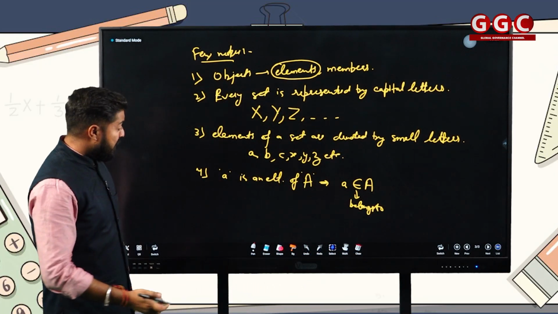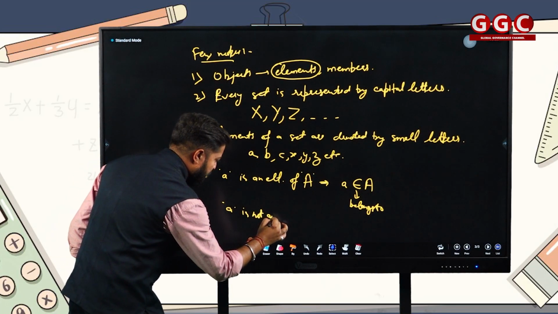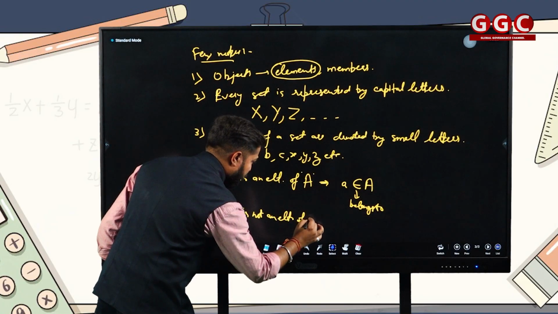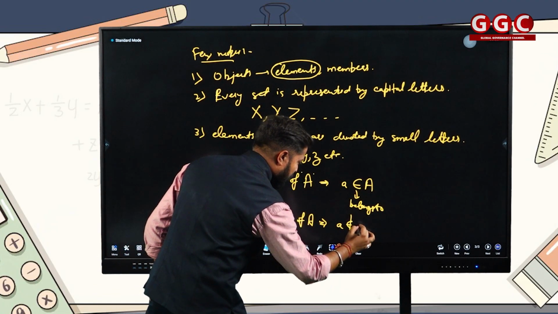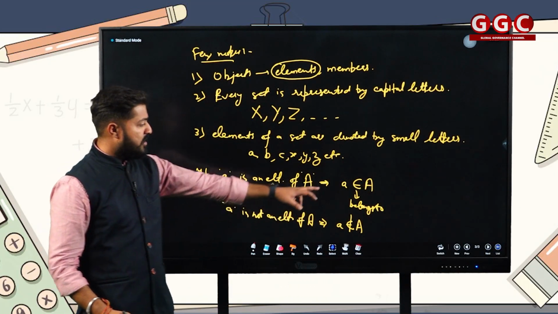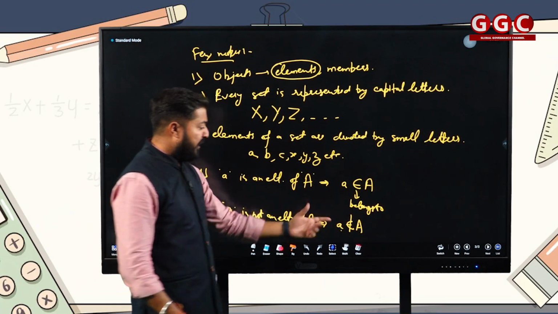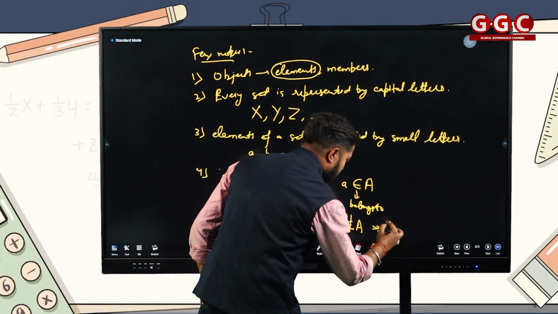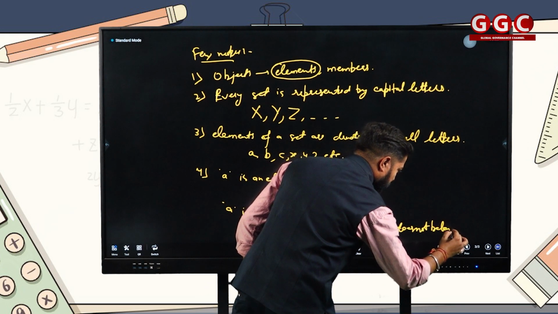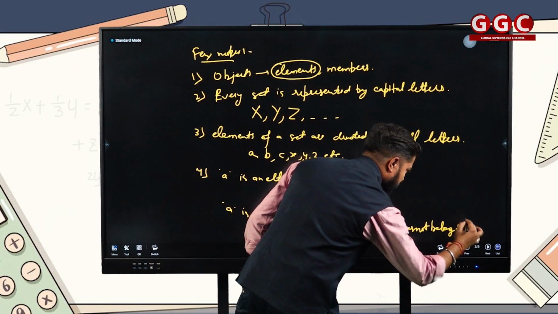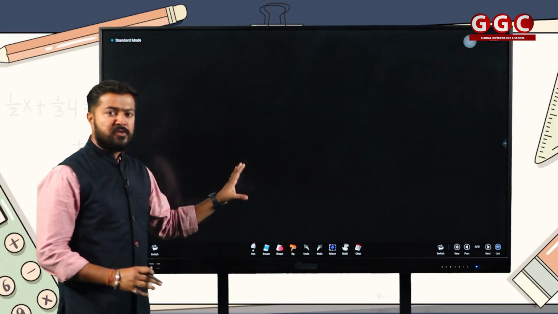And similarly, if a is not an element of capital A, this means a does not belong to capital A. So this symbol represents belongs to, and this symbol represents does not belong to, and we read it as a does not belong to set capital A. So now we have understood these topics.